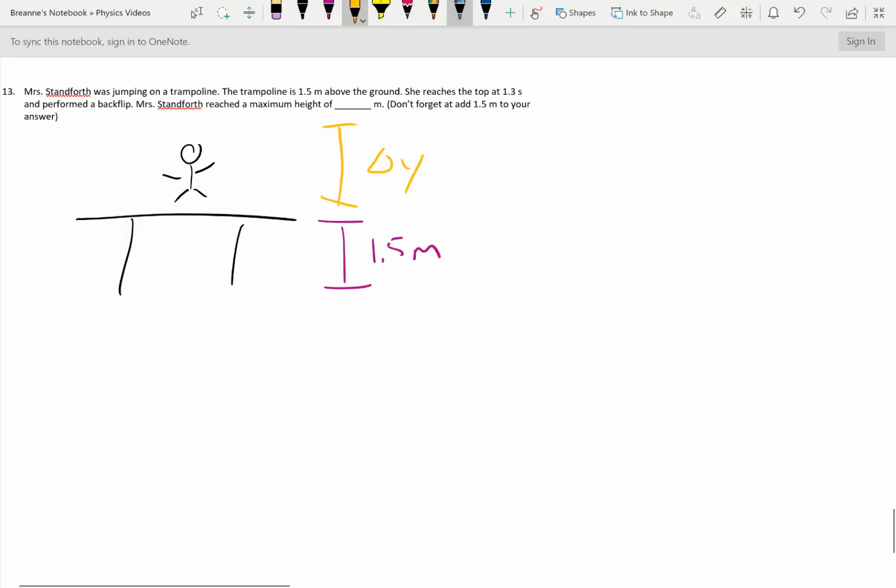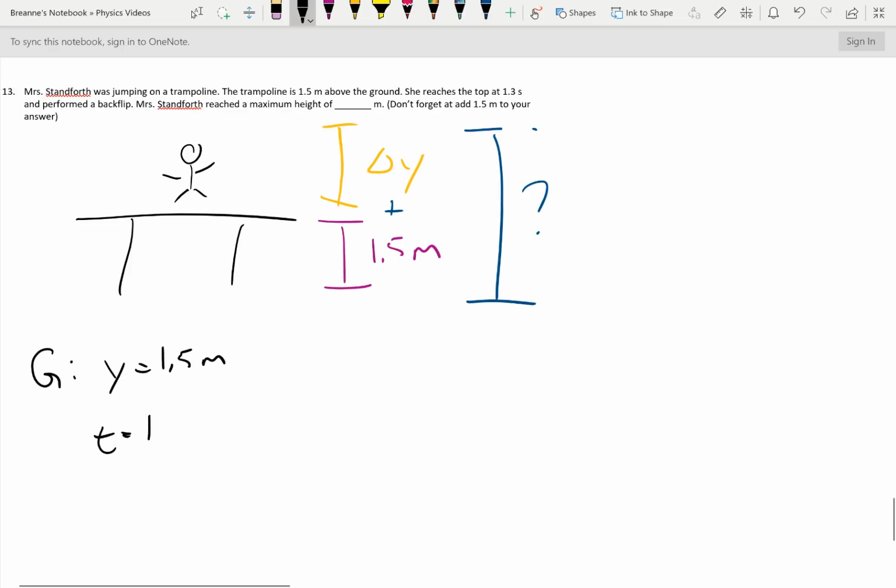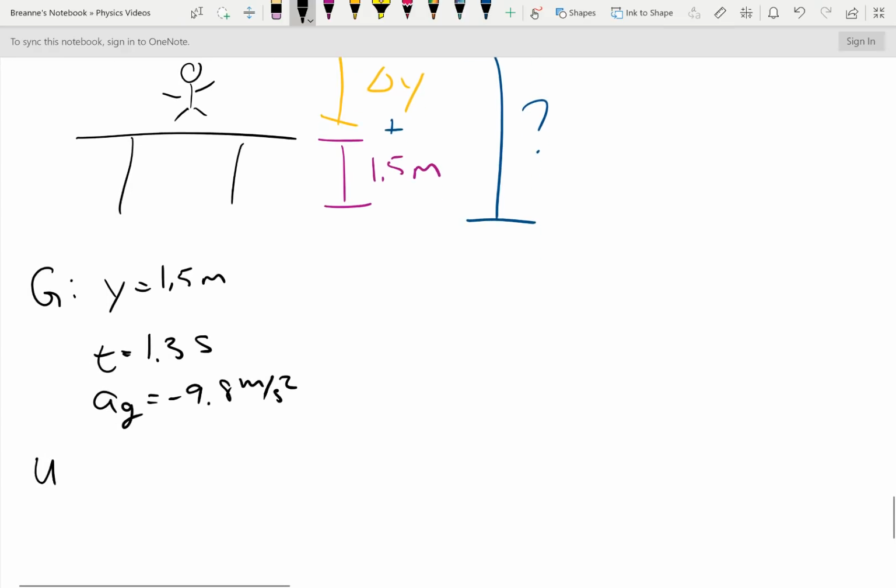So to get the full answer, we're going to have to add these together. So let's pull out our givens. We do have the 1.5 meters. We have 1.3 seconds. We always have acceleration. And our unknown, we're looking for delta y.